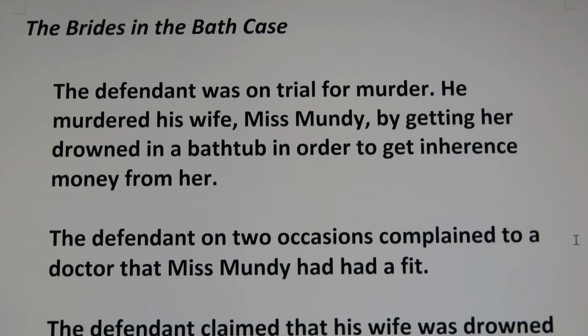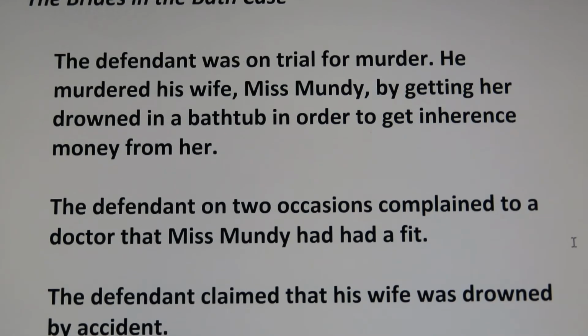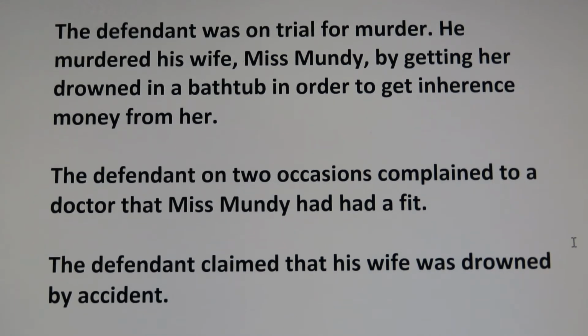Before his wife was drowned, on two occasions the defendant complained to a doctor that Miss Mundy had a fit, and the defendant claimed that his wife drowned by accident. But the prosecution had a different theory. The prosecution said the defendant committed this murder because he wanted to kill his wife so that he could obtain the inheritance money after her death. So this was not an accident. This was a murder.